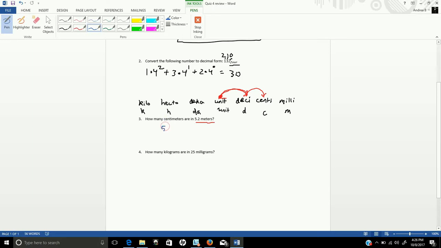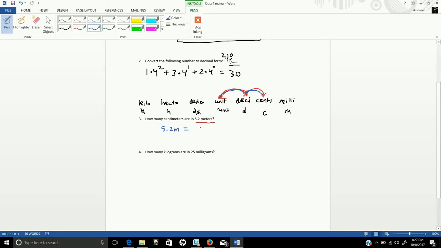So we're starting at the 5.2 meters, written in blue this time, and we are trying to convert to centimeters. So we're really starting at our base unit and going to the right 2 places to get to centimeters. If it was written the other way, if we started with 5.2 centimeters instead of meters, then we'd be going to the left instead. So make sure you look to see which one is given to you and which one you're trying to solve for.